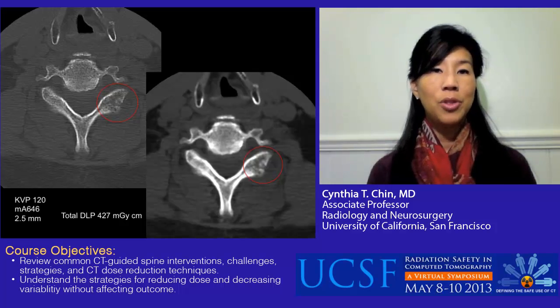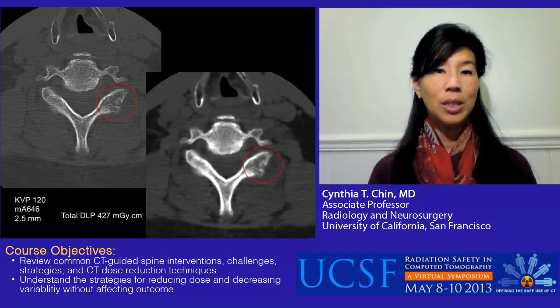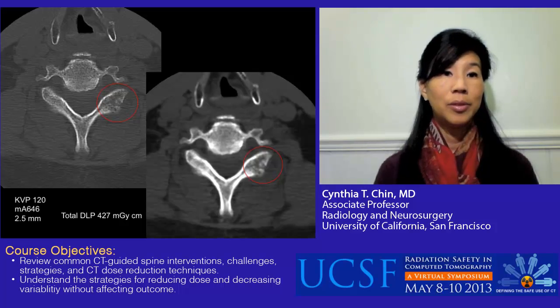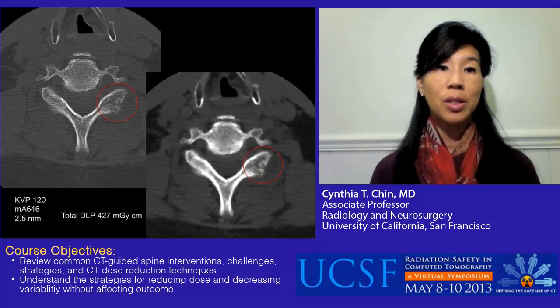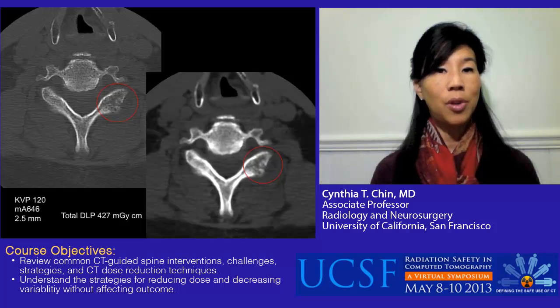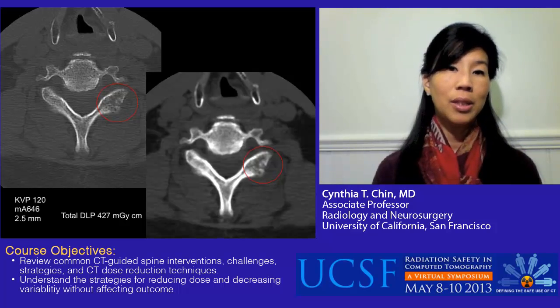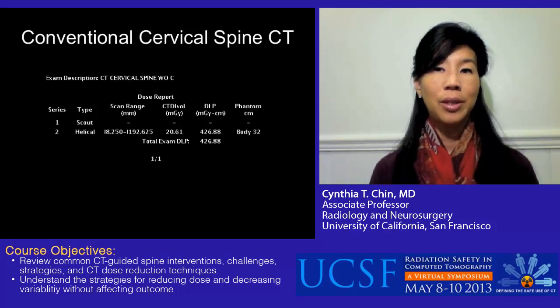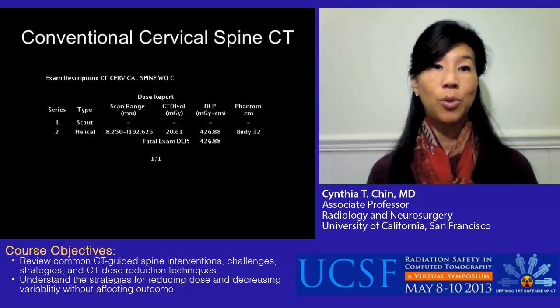The outside imaging from this patient under CT with routine MA of greater than 600 shows the involvement of the bony architecture here at the facet level on your left. The DLP for this outside image was greater than 400.